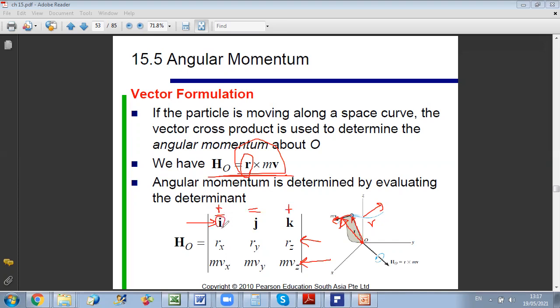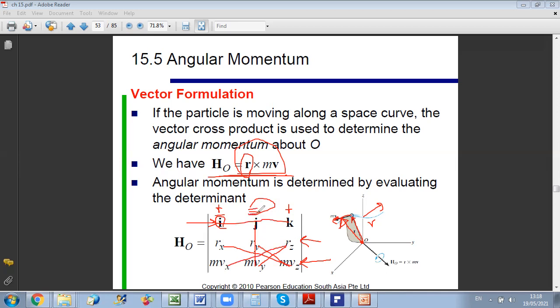Along i, I have plus i times (Ry times mvz minus mvy times Rz). Along j, I have minus j times: when I take j, I drop the line and the column of j, and I'm left with Rx mvz minus Rz mvx.